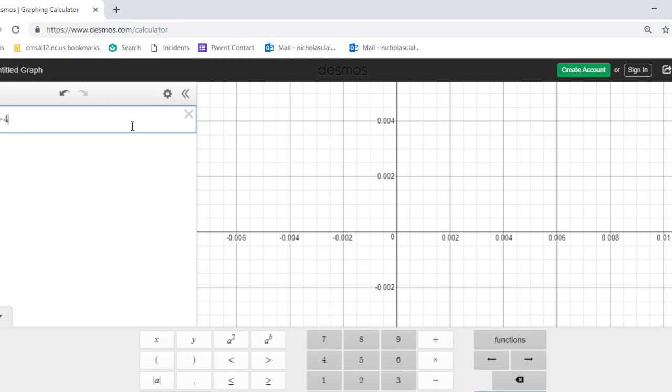Use x: negative 4x cubed minus 8x plus 5.